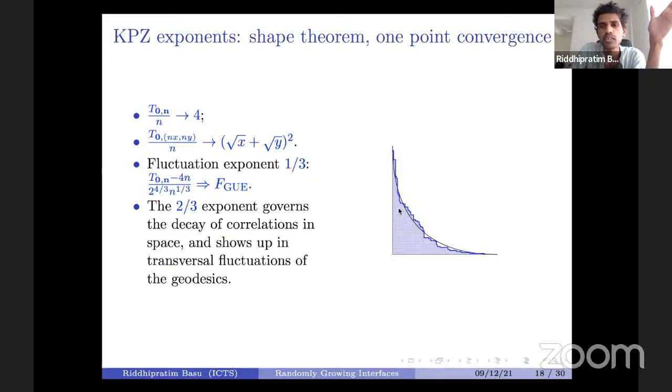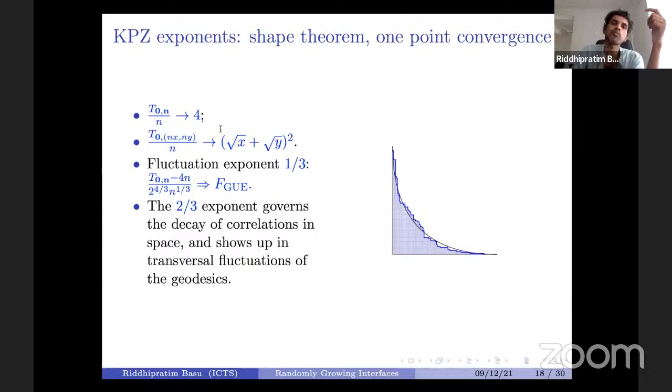So a vertex is marked blue if the passage time from the origin to that vertex is less than or equal to t, for some large t. The boundary of this blue region is exactly your interface. And the interface, as you can see, has a limiting shape and there is some fluctuation around it.